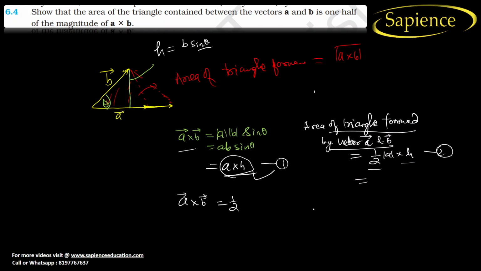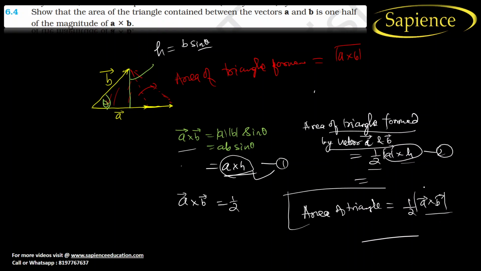So from 1 and 2, we can directly write that the area of the triangle is equal to half into a cross b. We needed to prove this because a into h is the a cross b. So finally we have proved this. I hope you have understood this.